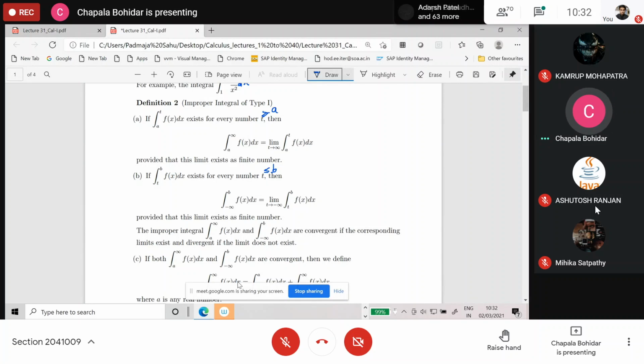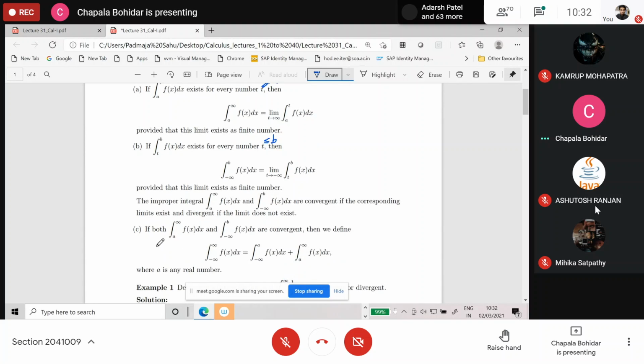We see that if both the integral from a to infinity of f(x) dx and the integral from minus infinity to b of f(x) dx are convergent, then we define the integral from minus infinity to infinity of f(x) dx as the integral from minus infinity to a of f(x) dx plus the integral from a to infinity of f(x) dx.